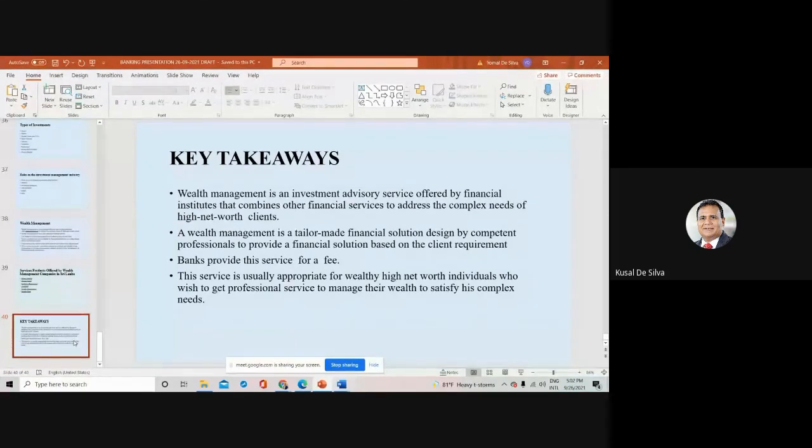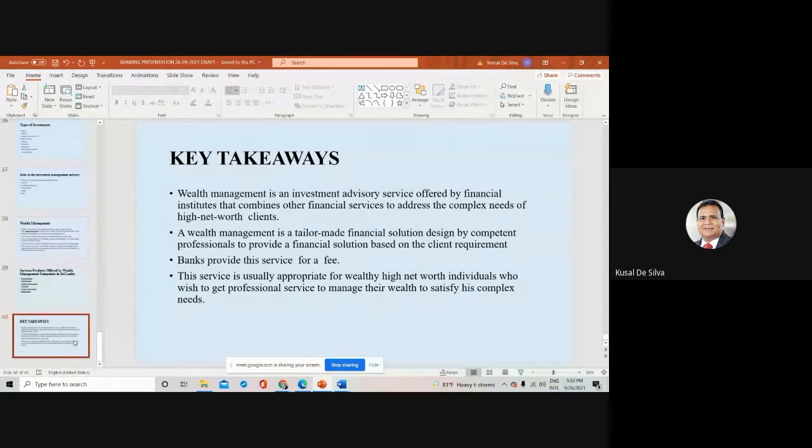Instead, they prefer to allocate the available resources to high net worth individuals, where their asset value may be in billions. That's the simple logic of these people.